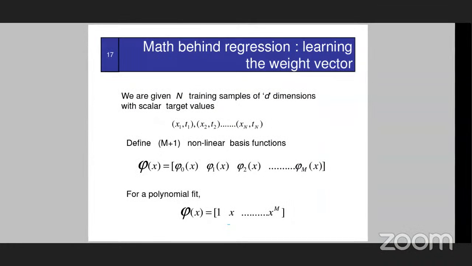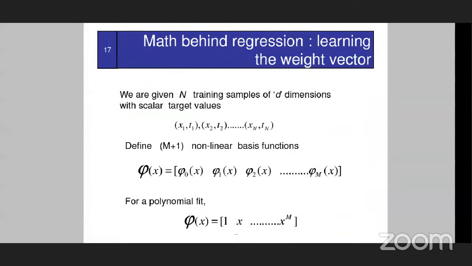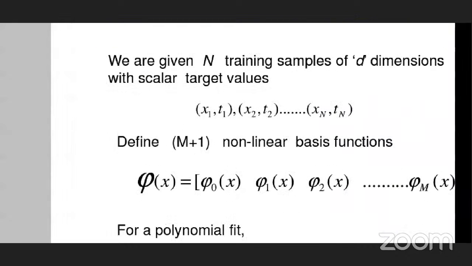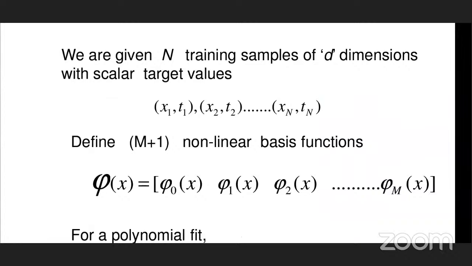All right. So you are given n training examples with scalar target values x1, t1, x2, t2 till xn, tn. And I'm defining some basis functions: phi 1 of x, phi 2 of x, phi m of x. For example, in the polynomial case, what will be the basis functions?